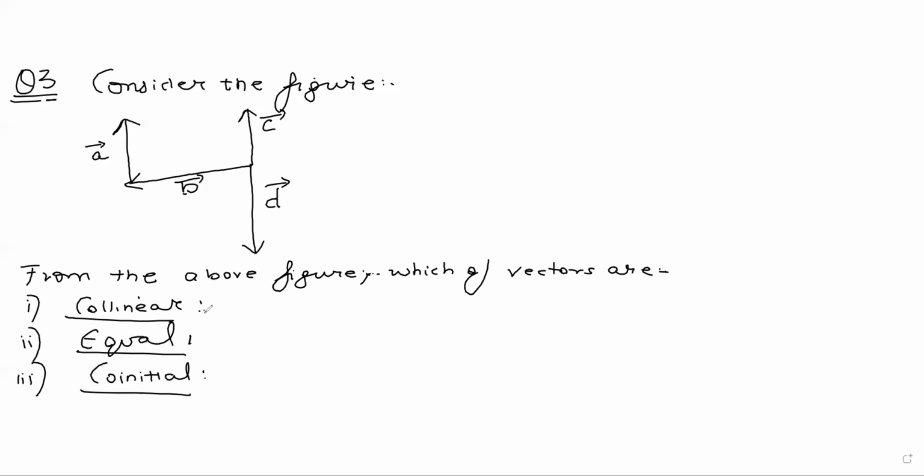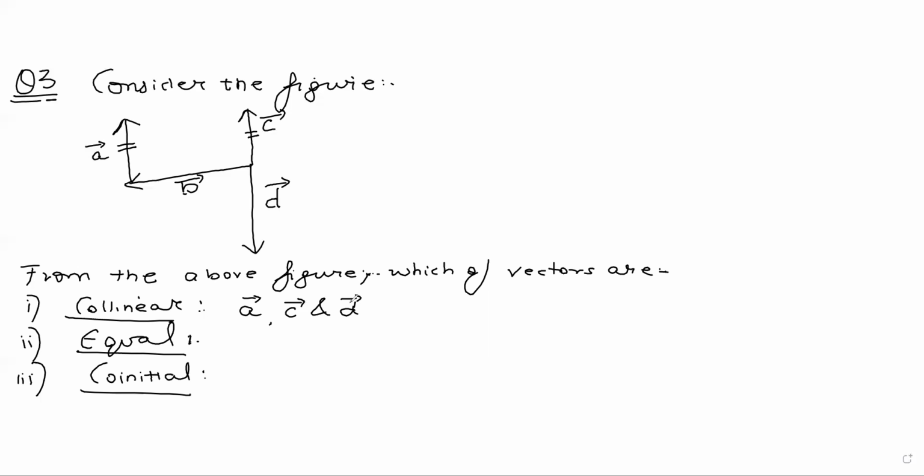So guys, let's go back to the definition. When are vectors said to be collinear? Vectors are said to be collinear if they are parallel to each other, that means they are parallel to the same line. So you can see vector A is parallel to vector C. Vector A is also parallel to vector D. So I can say vectors A, C, and D are collinear.